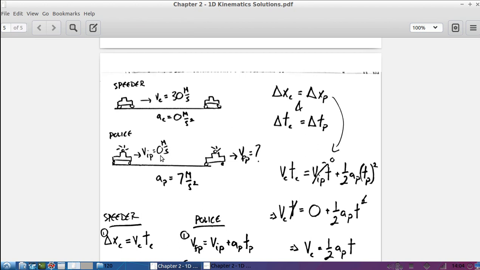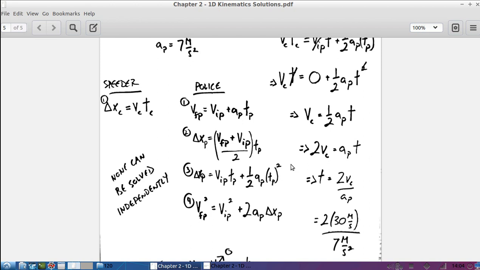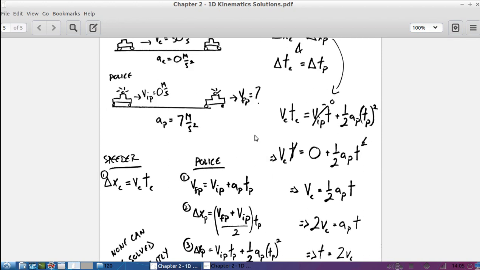So police car starting from rest has an acceleration. I write down all my equations for the police car. Not saying this is necessary, but all of these equations are applicable. Right? So I took the time, I wrote them all out, I gave them all nice subscripts. Okay, so all these equations are unique to the police car. Again, I don't have the time for the police car.